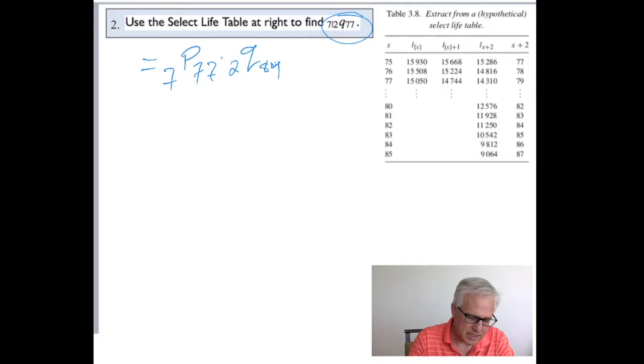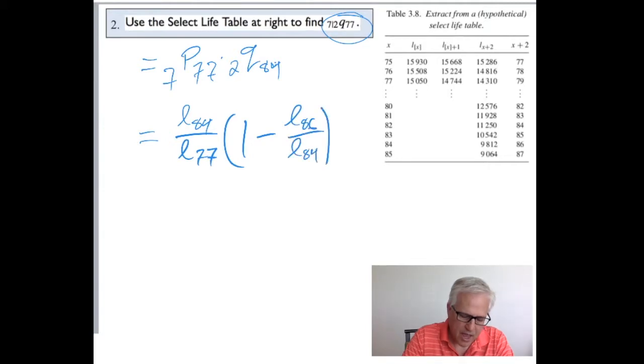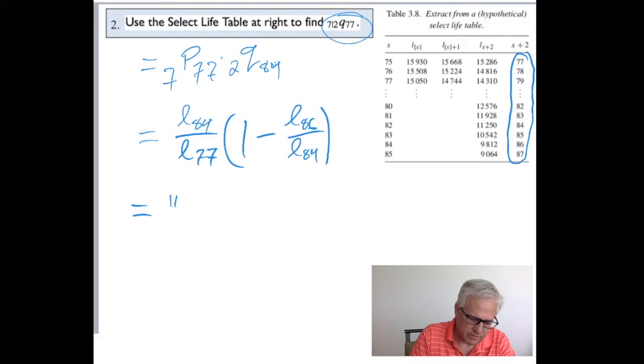Now we know how to do 7p77 already. We know that that's L84 over L77. Okay, and 2q84 is just 1 minus the probability of surviving those 2 years. So that's 1 minus L86 over L84. And if I put all those numbers in, everything's non-select, so I'm reading ages off the right-hand side of the table. L84 is 11,250, divided by L77, 15,286.